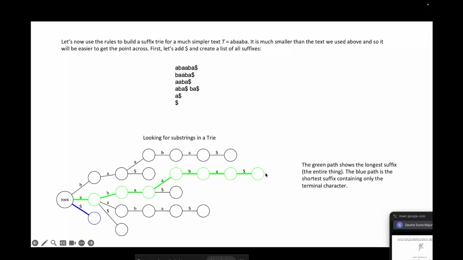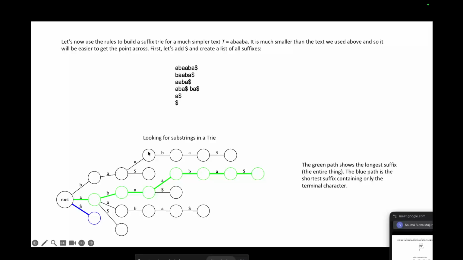Now you see there are a lot of redundant edges. I can just combine these three edges into one, right? Here is one edge for B, one edge for A, one edge for dollar. I can combine them into a single edge up to where the branching happens. The suffixes will be different after the branching, but until that point I can collapse it into one.